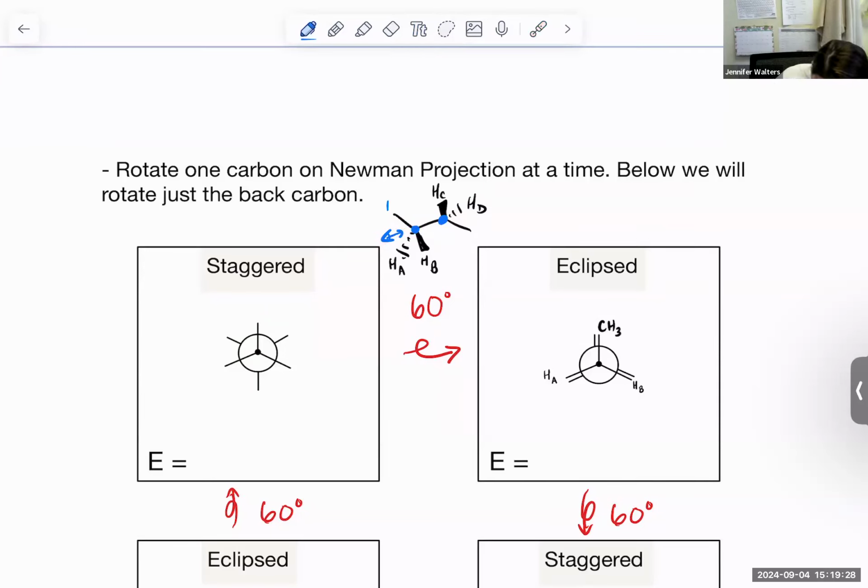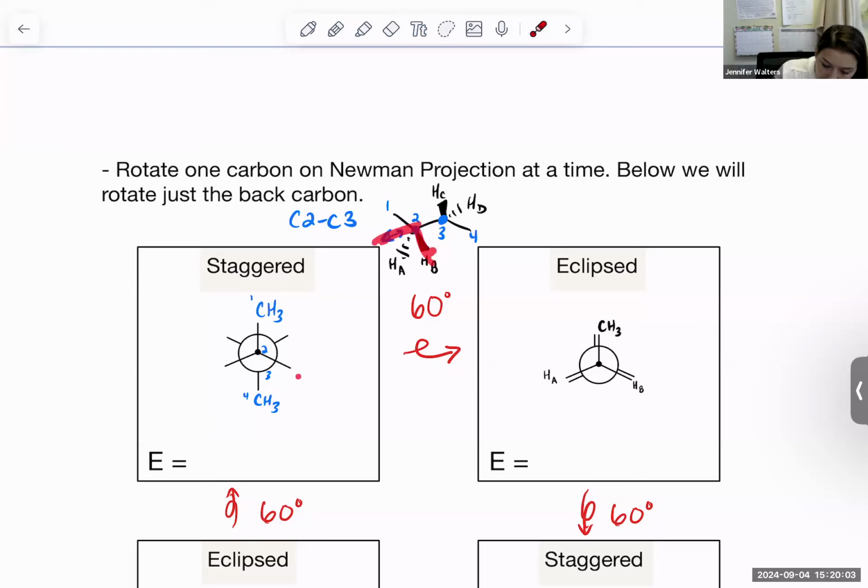So I'm looking at this perspective down this bond. This is 1, 2, 3, 4, and I'm doing a C2, C3 perspective. So when I look at this, I have methyl 1 going straight up, 2 is my dot, 3 is my circle, and carbon 4 is going straight down. Because I'm in this perspective, the wedge is now on my right-hand side.